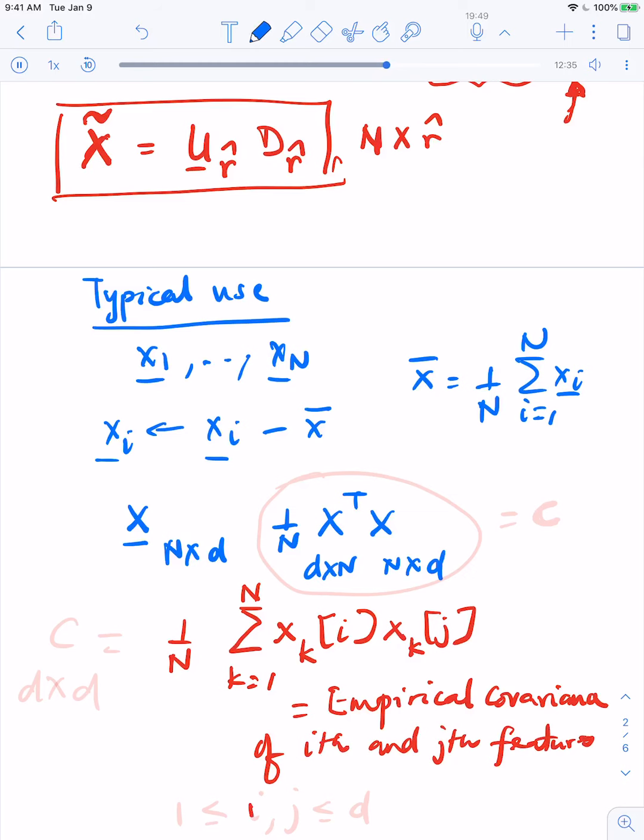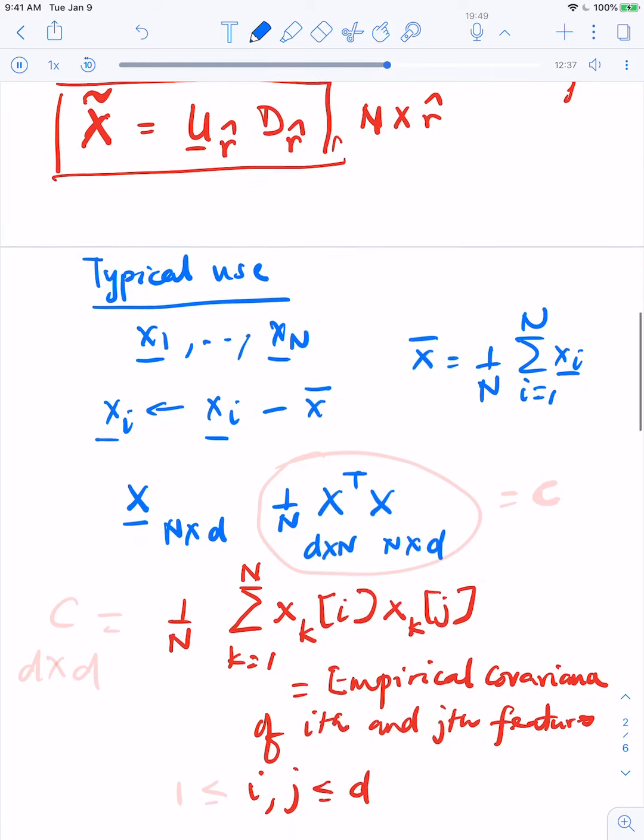Because remember, i and j are between 1 and d. So this is the empirical covariance matrix. Let me call this C, because that's what we call the covariance matrix. C is d cross d.